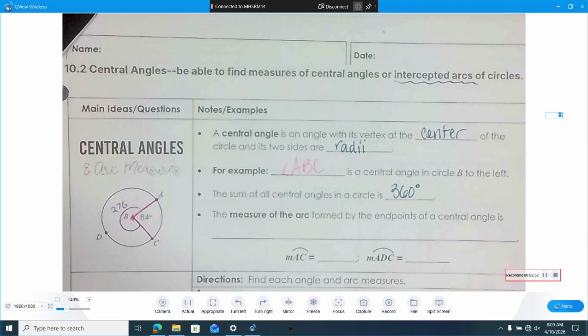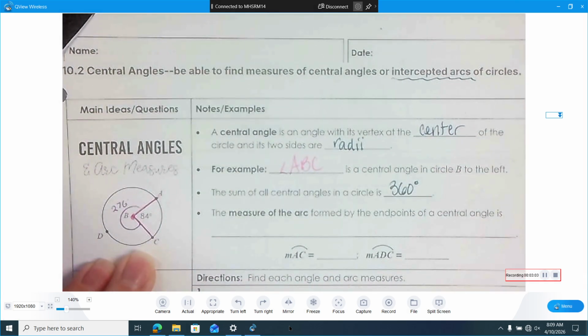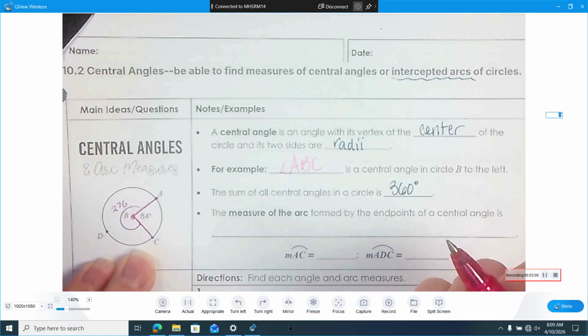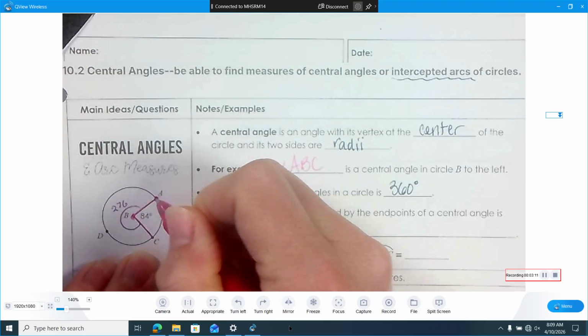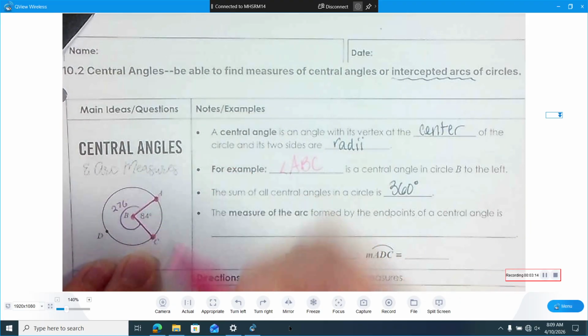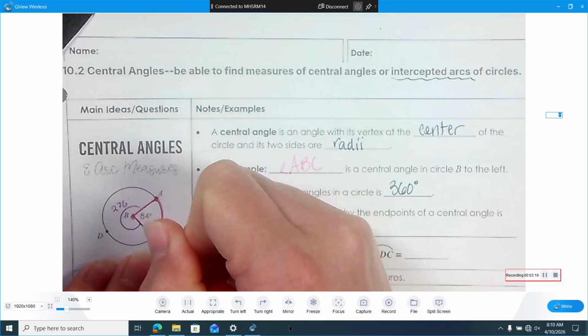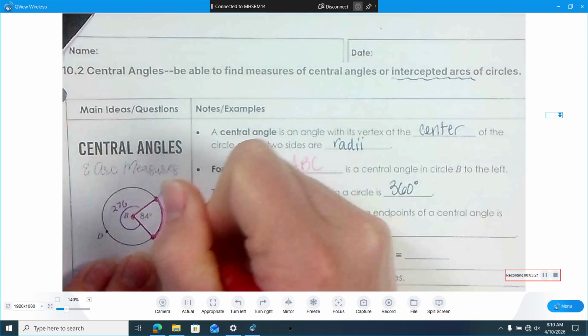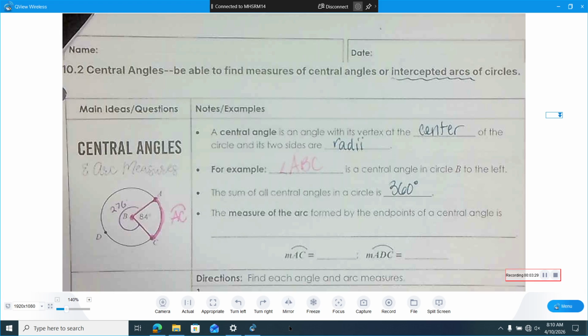The measure of the arc formed by the endpoints of the central angle. Let's talk about that. What we have here is some notation you guys don't know yet. We have the endpoint of our angle at A and another endpoint at C. This right here is called arc AC, and we use 2 points to denote a little arc, and a little arc symbol on top.